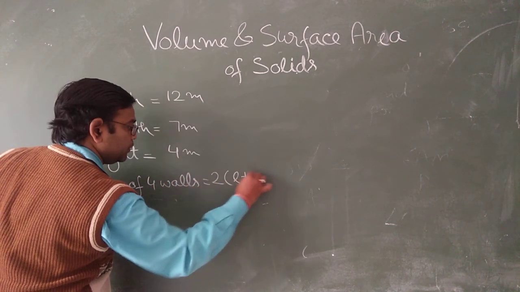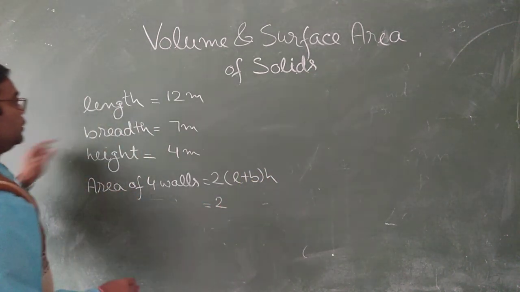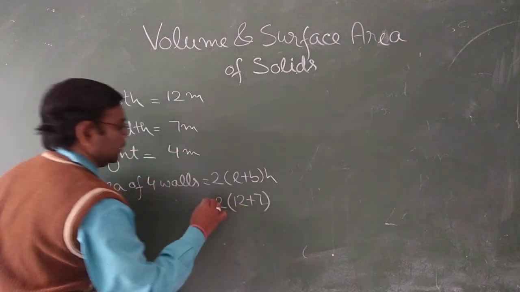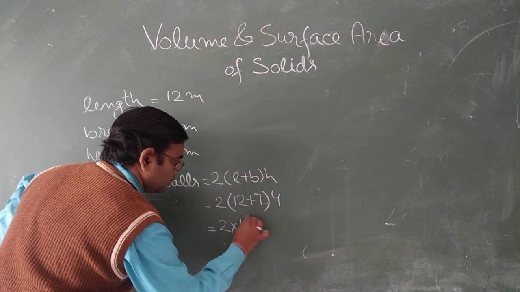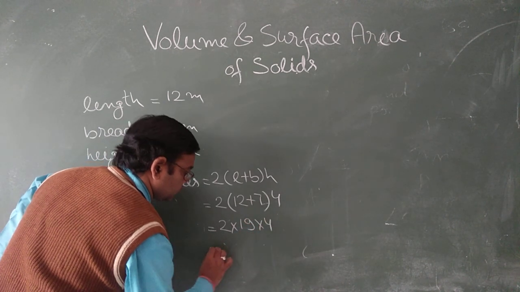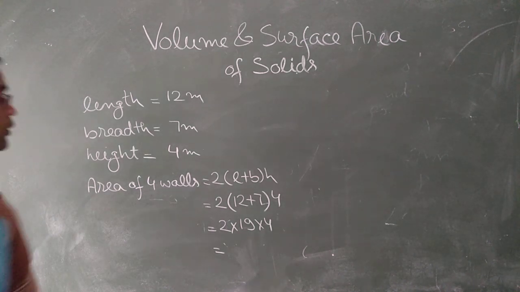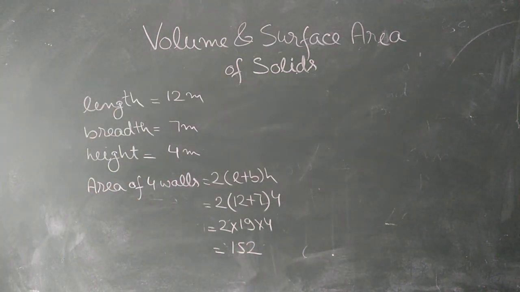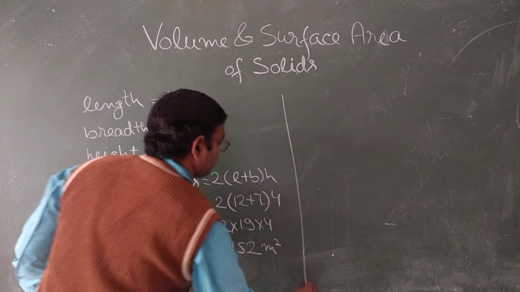Two into (L plus B) into H. 2 into (12 plus 7) into height 4, it's 2 into 19 into 4. It's 152 meter square. This is the area of 4 walls.